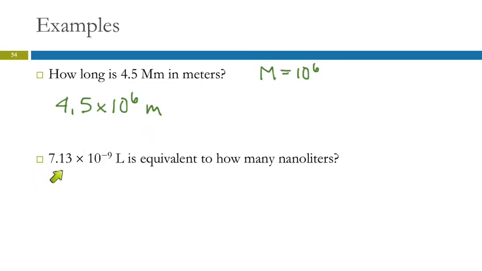Okay, so a volume 7.13 times 10 to the minus 9th liters, how many nanoliters would that be? Well, what prefix has the meaning 10 to the minus 9? Nano. So this equals nano. So that would be 7.13 nanoliters.